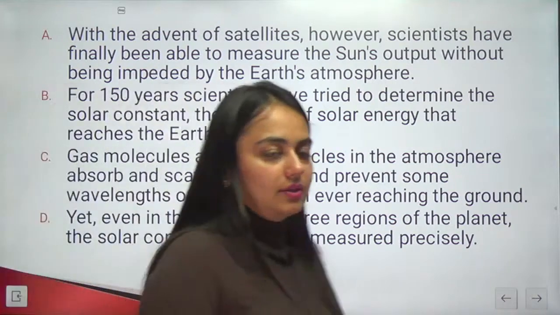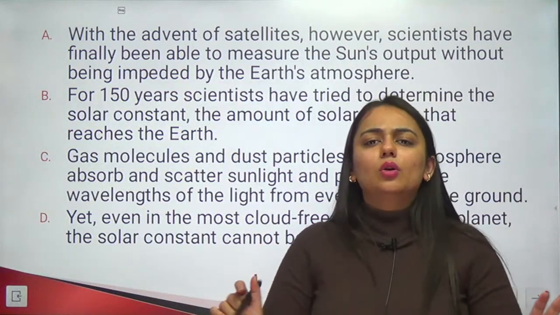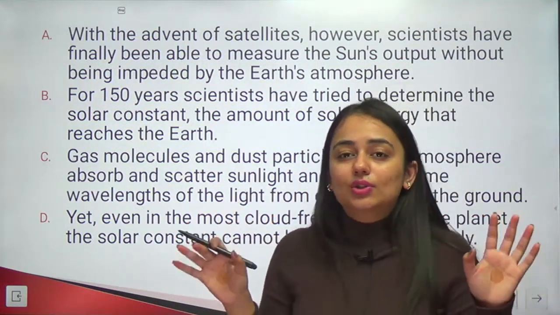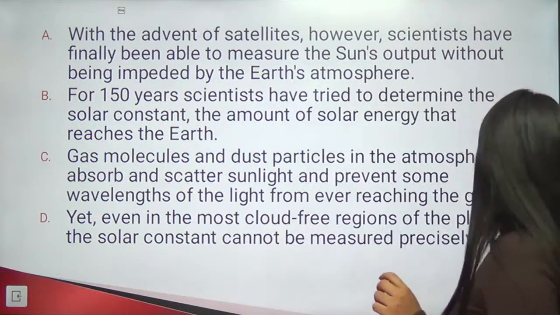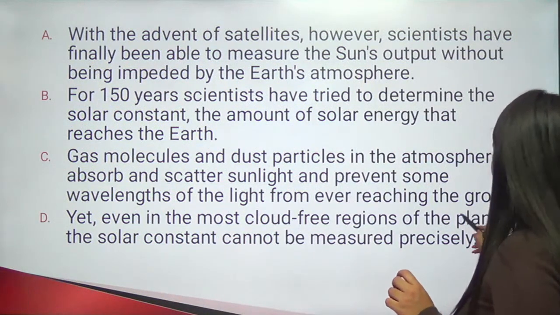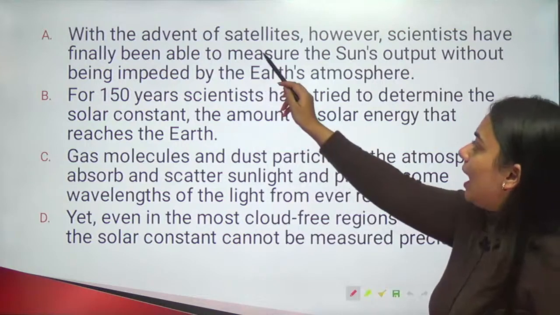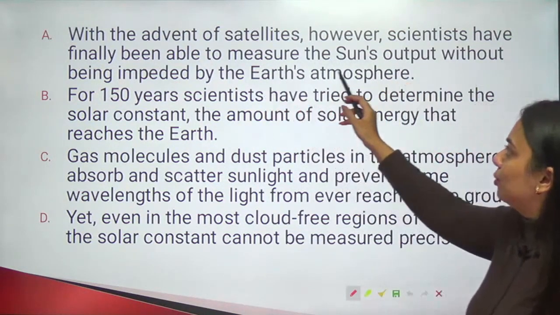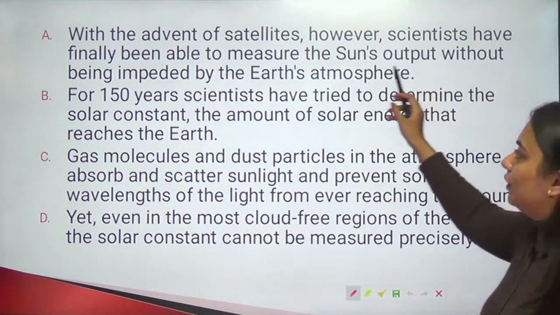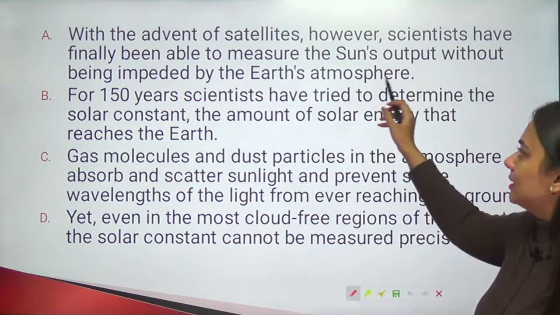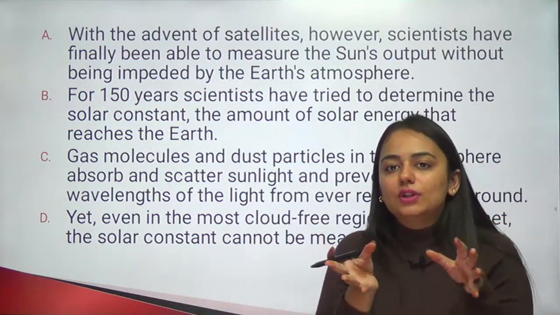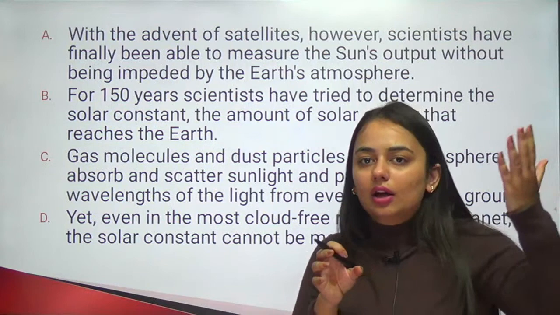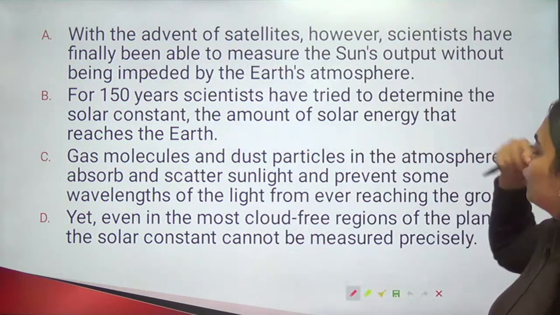Okay, let's see what these sentences are talking about. Like a layman, we will simply approach these sentences and understand what is the story brewing behind it, right? So let's see the first sentence. With the advent of satellites, however, scientists have finally been able to measure the sun's output without being impeded by the Earth's atmosphere. So, Earth's atmosphere somehow impedes scientists from calculating the sun's output, right?